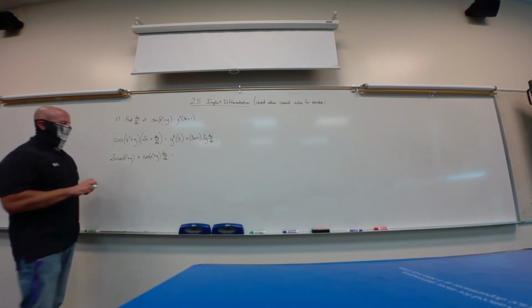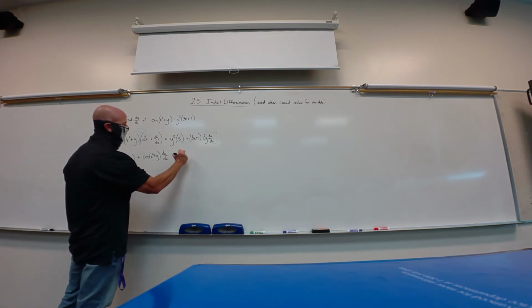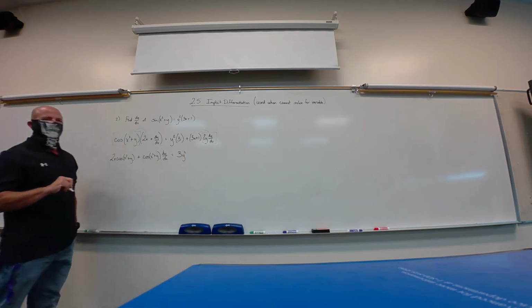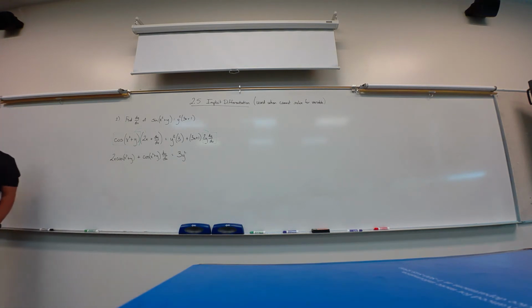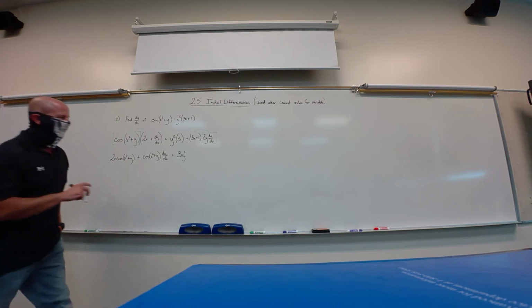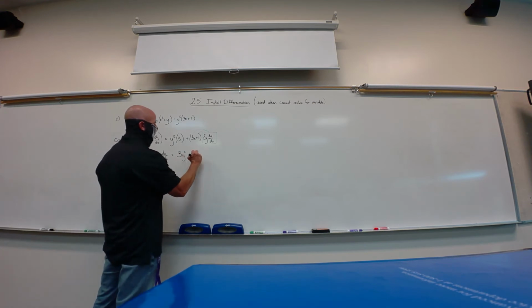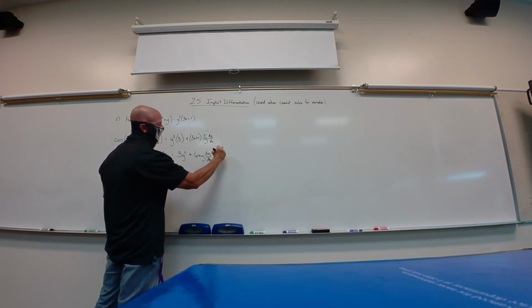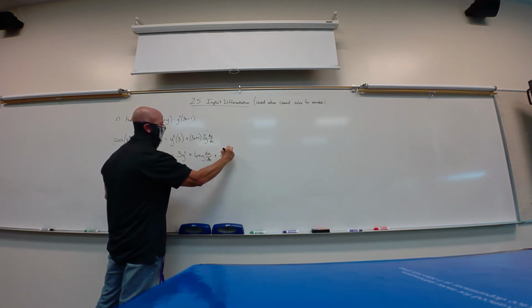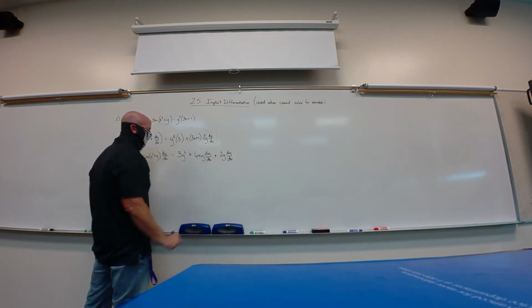Right side, first term's easy, 3y squared. Nothing really going on there. Second part, there's my distributive property. I'm going to take 3x times the 2y dy dx, then the 1 times it. So we're going to have 6xy dy dx plus 1 times 2y is just 2y dy dx.